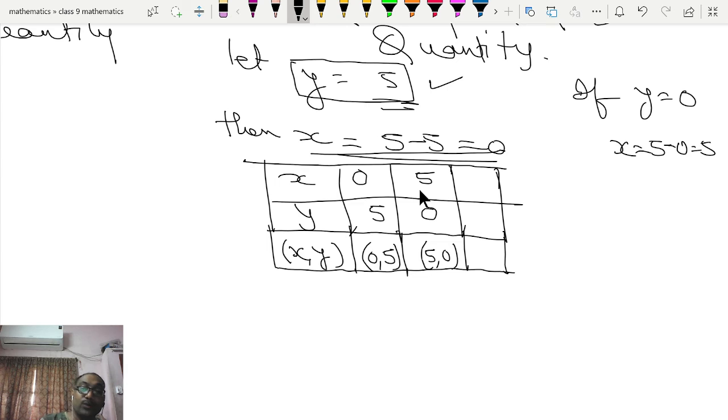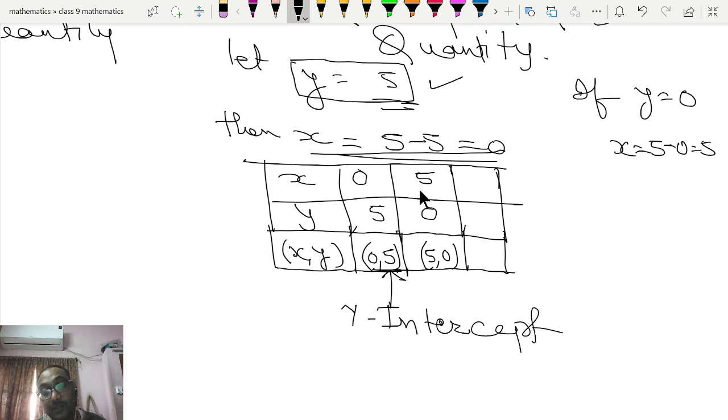One important point is that if a point lies on an axis of this straight line, it is called an intercept. This is called the y-intercept, and this is called the x-intercept, because this point lies on the x-axis.